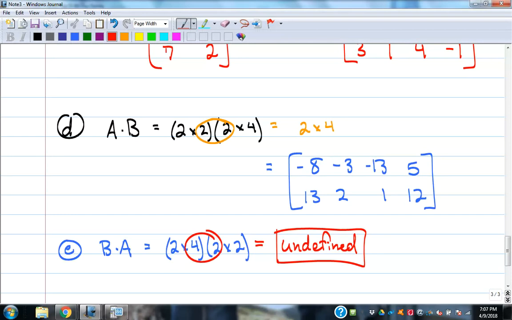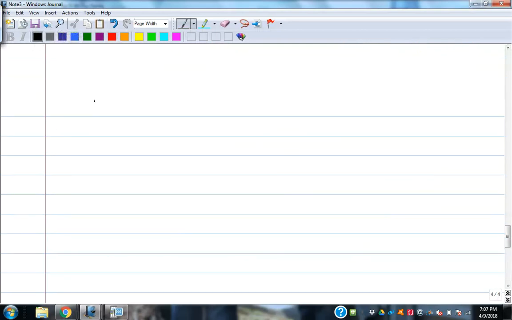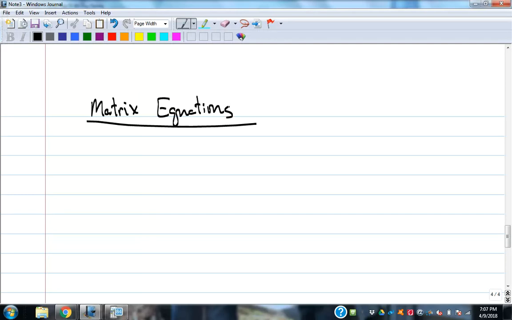All right, let's look at matrix equations, which are pretty easy, actually. Matrix equations are really close to addition and subtraction of matrices.